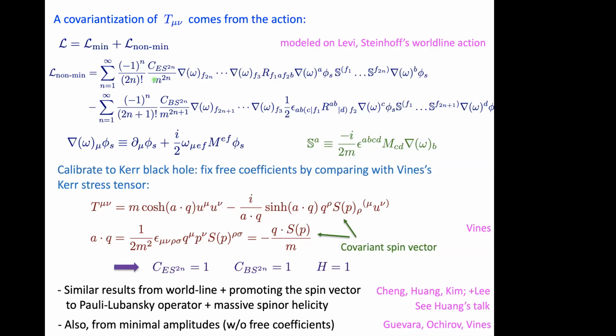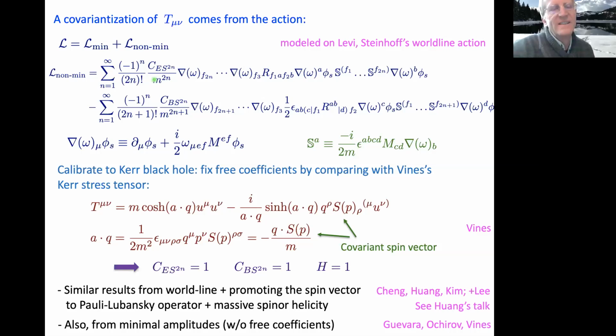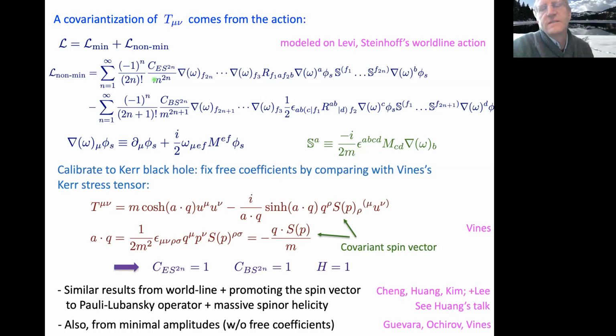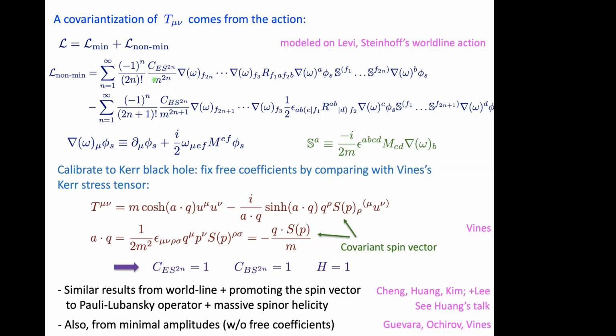Can I just make a quick comment? Go ahead, Nima. Yeah. So of course, there is no spurious pole in the actual amplitude. It's just that if you take the formula you get from low spins and dumbly continue to high spins, then you'll get spurious poles. But the fact that there's a spurious pole there is just an indication that the continuation isn't smooth.